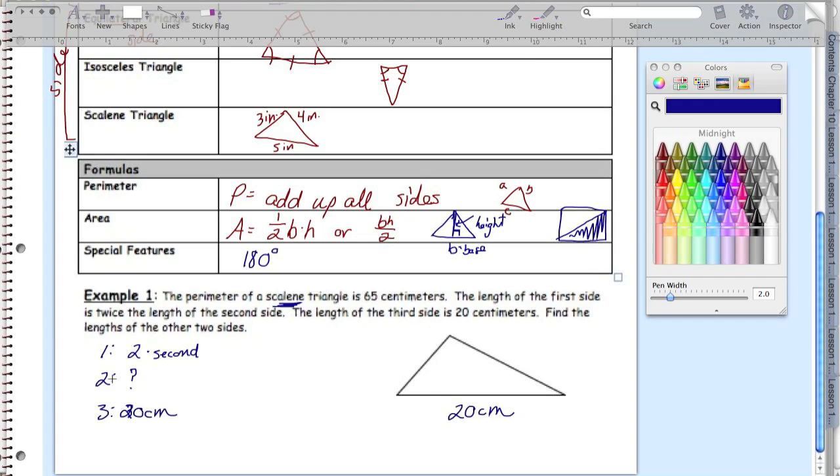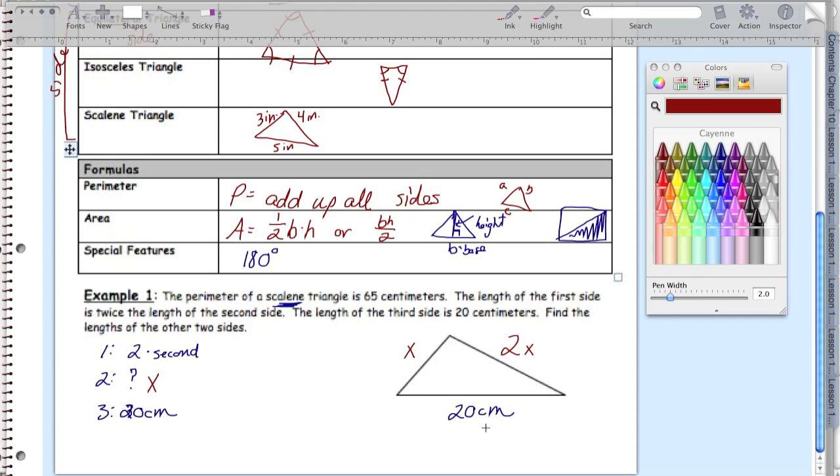Now, I don't know side 2, so I can call that X, since I don't know the second side. So I'm going to label this X. And then the first side is 2 times whatever the second side is. Well, since we're calling the second side X, the first side is going to be 2 times X, or 2X.